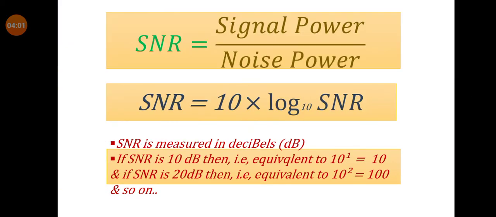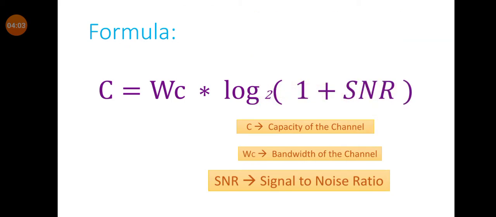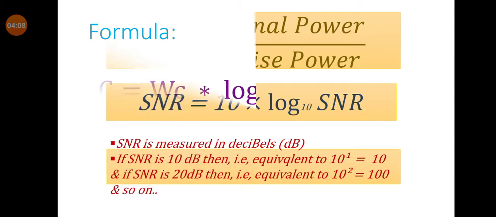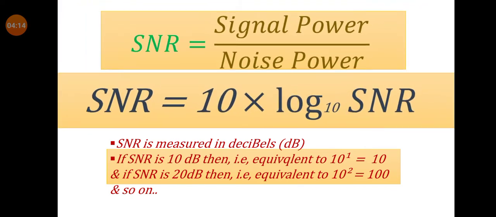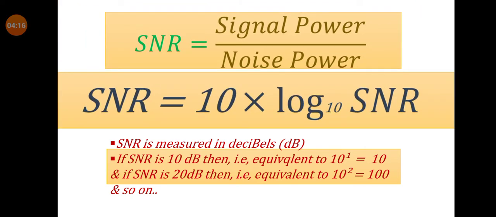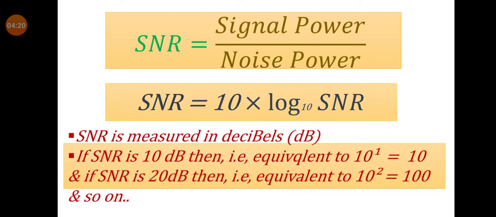So this is what SNR is. SNR means signal to noise ratio, and it can be calculated using the formula signal power divided by noise power. SNR can also be expressed as 10 × log10(SNR), and it is measured in decibels, denoted as dB.